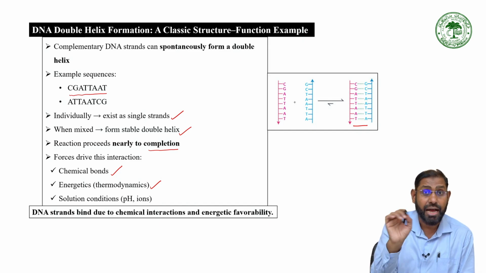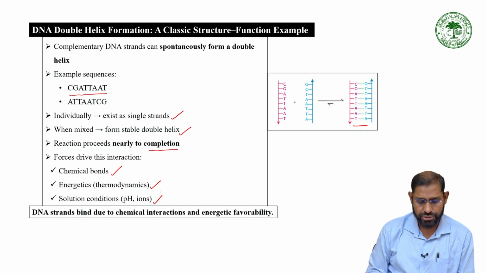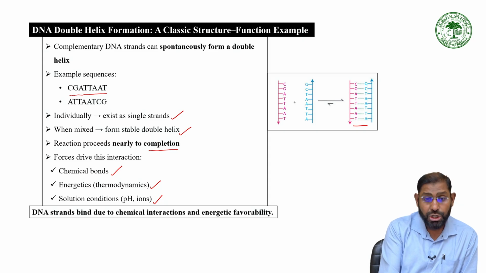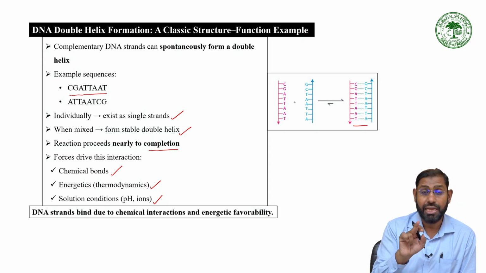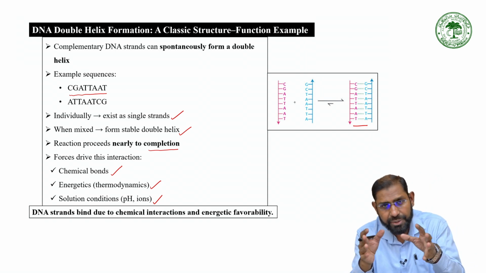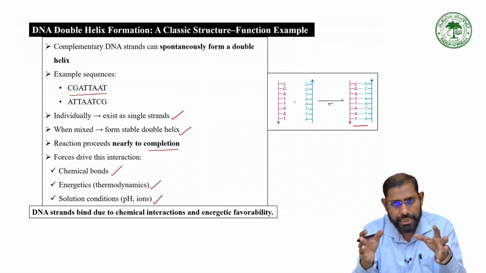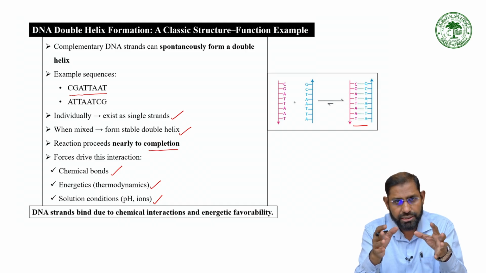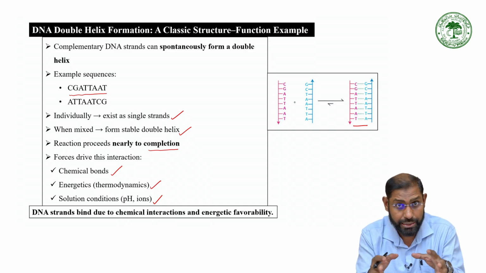What is the pH and the ions involved in that condition? So DNA strands bind due to chemical interaction and it is energetically favorable, meaning that the transition from single to double strand is under energetically favorable conditions.